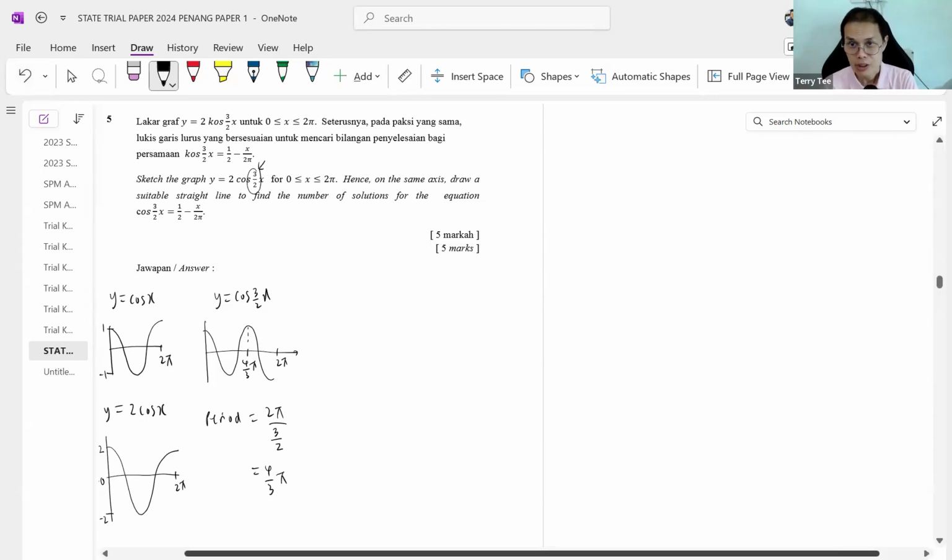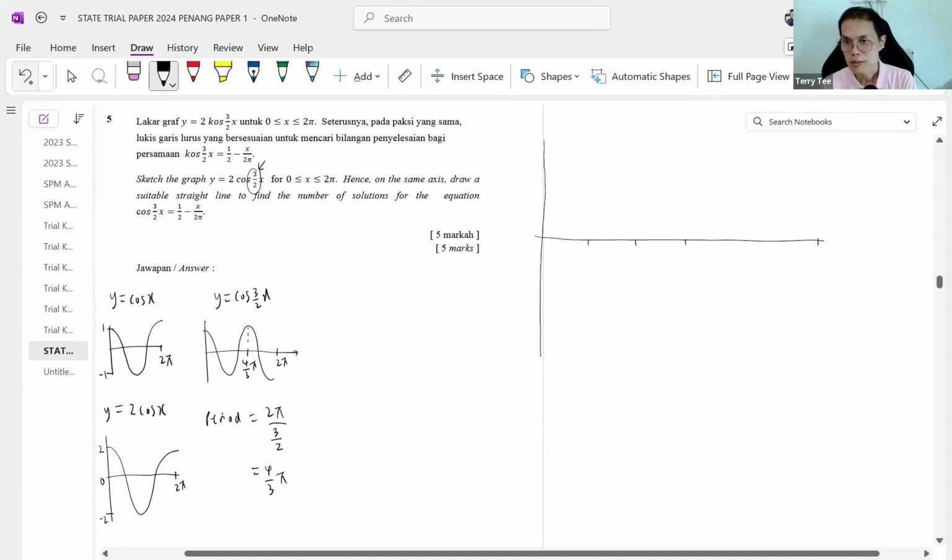Let's draw the bigger version over here. So please use a ruler, because when I draw a sketch like this, it may not be very nice, may not be very accurate because I'm using freehand, right? Okay, my horizontal line is not very straight. Make sure you divide into 6 equal parts.